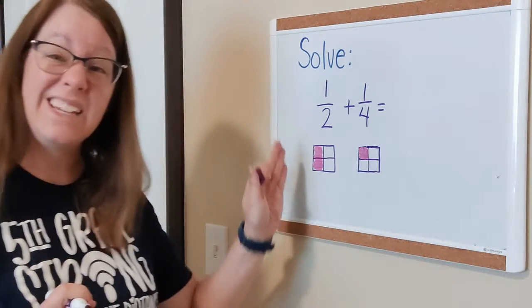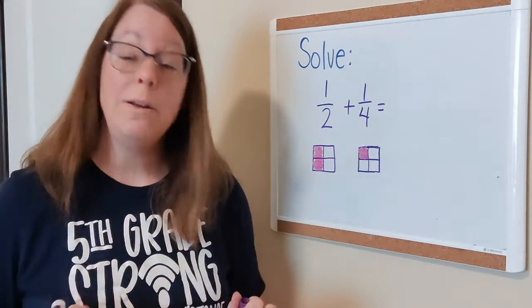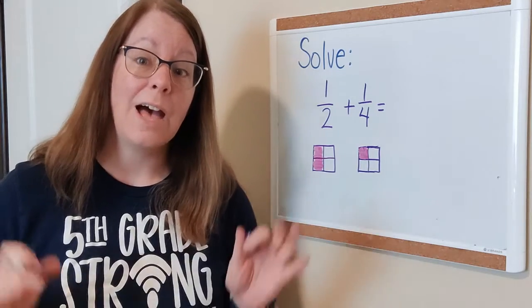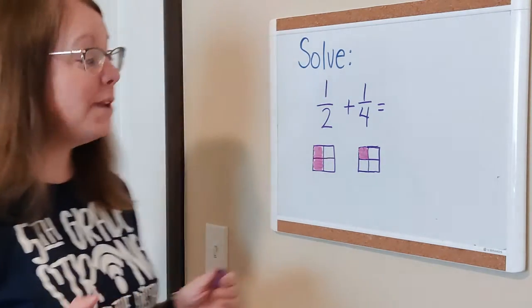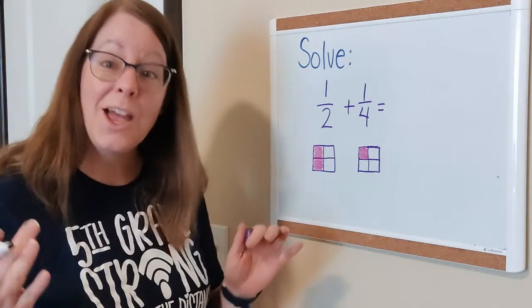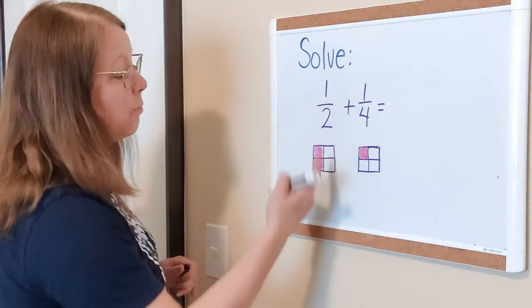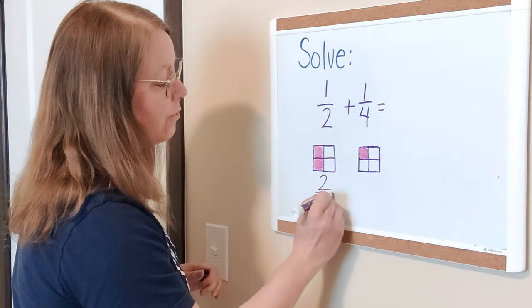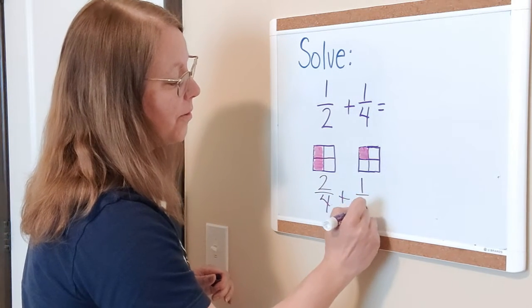If this is a cake, I still get to eat half the cake, except now, instead of eating 1 piece to get half the cake, I'm eating 2 pieces and it's still half the cake. So now, with the power of the area model, I've made these fractions equivalent. Instead of 1/2, I now have 2/4, and here I still have 1/4.